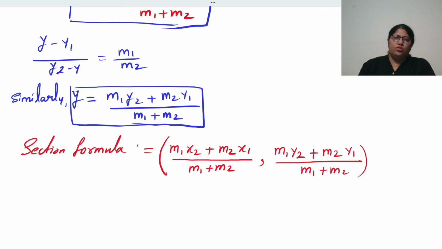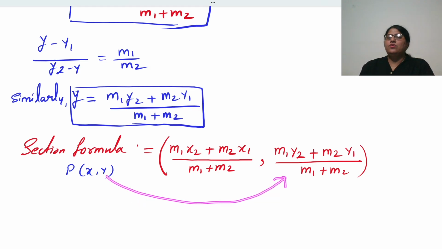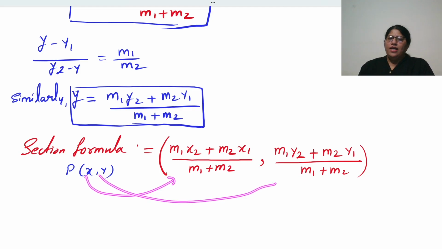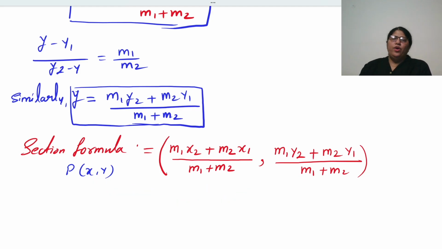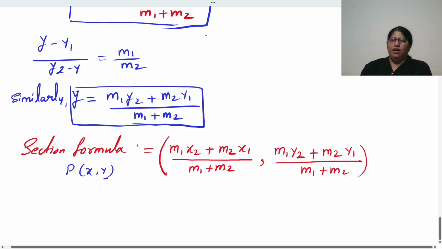Whenever you solve a question, because I have taken P as x and y, the coordinates of P as x and y, you will see that the x coordinate you get using this, and the y coordinate you get using the second part, right? Now, sometimes if a point is on the x-axis, the y coordinate becomes 0 and you can easily get the ratio, right? So this is your section formula.